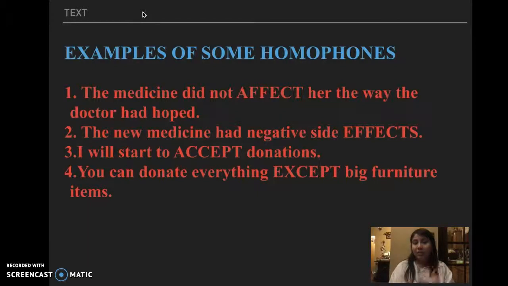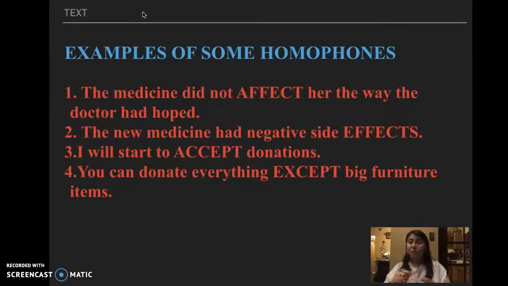Number 2, the new medicine had negative side effects. I always associate that with the way something will make me feel. Not the feeling itself, but the kind of effects the medicine has. So again, first, affect with an A is the feeling.